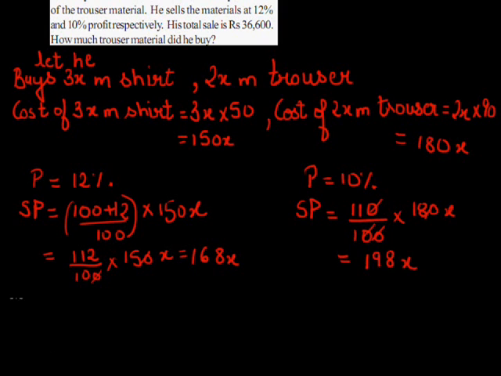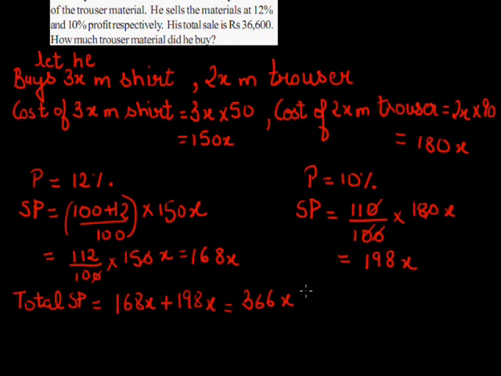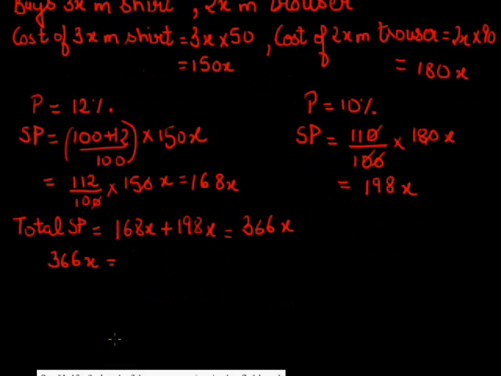Now the total SP of both trouser and shirt is equal to 168x plus 198x, that is equal to 366x. Now it is given in the question that total sale is rupees 36,600. So I can equate 366x to 36,600.